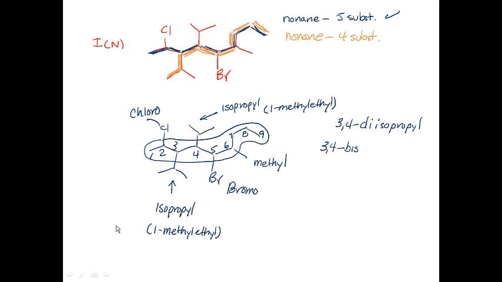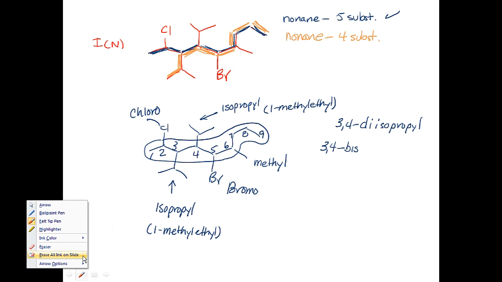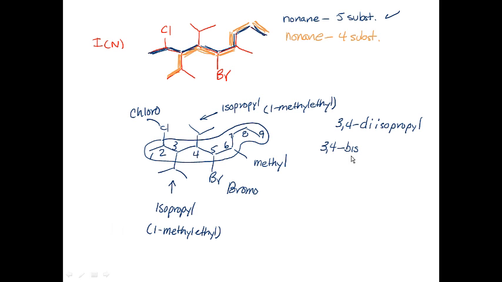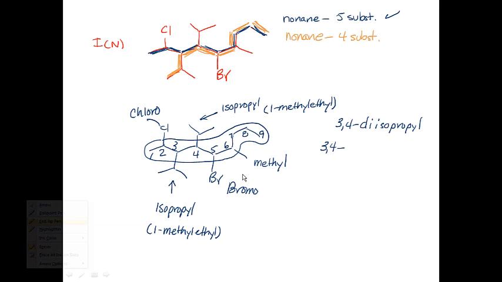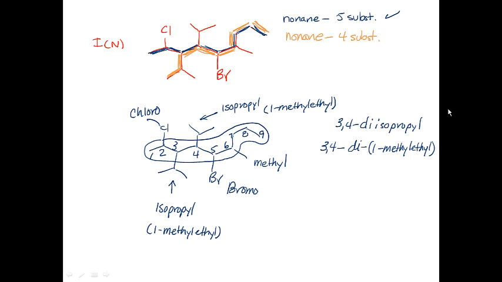You know what, we'll just call it, we won't worry about the exact. You can learn about that in a later class. We'll just call it a di 1-methylethyl. Okay, so either got a diisopropyl or a di 1-methylethyl group. Okay, and then a bromomethyl and a chlorine.